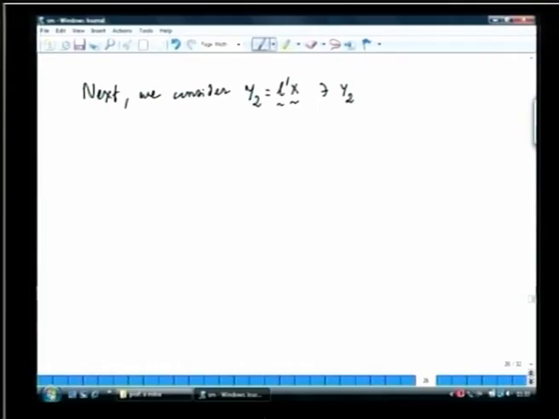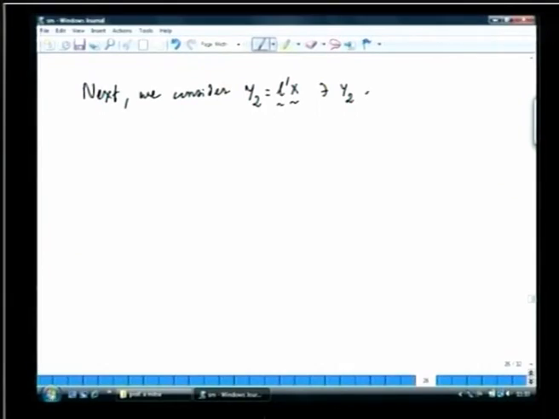Firstly, y2 is uncorrelated with y1; this did not come up when we were considering the first principal component. Secondly, the variance of y2 has to be less than the variance of y1. So these two properties have to be satisfied in the construction, such that y2 is uncorrelated with y1. This is number 1.